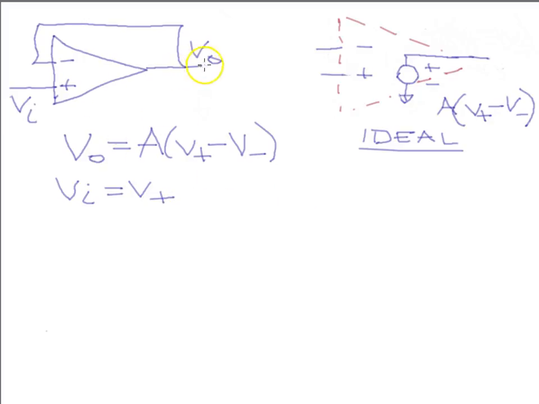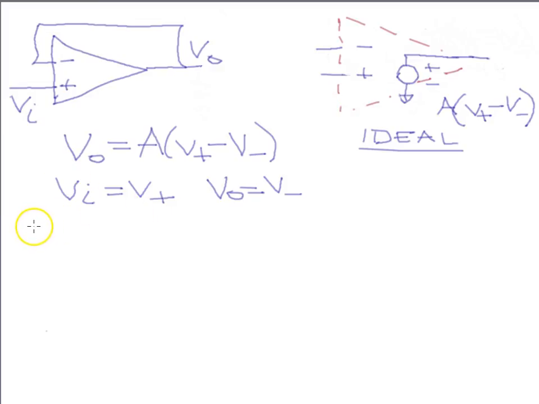and then here the V minus voltage is connected directly to the output voltage, so my output voltage equals V minus. Now I substitute in the equation above to eliminate V plus and V minus using these two equations that I got directly from the circuit in the upper left, when using the ideal model.